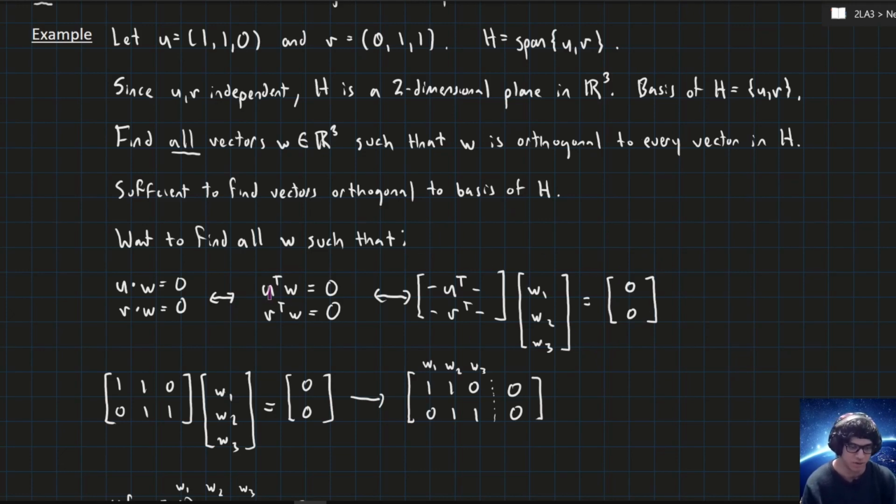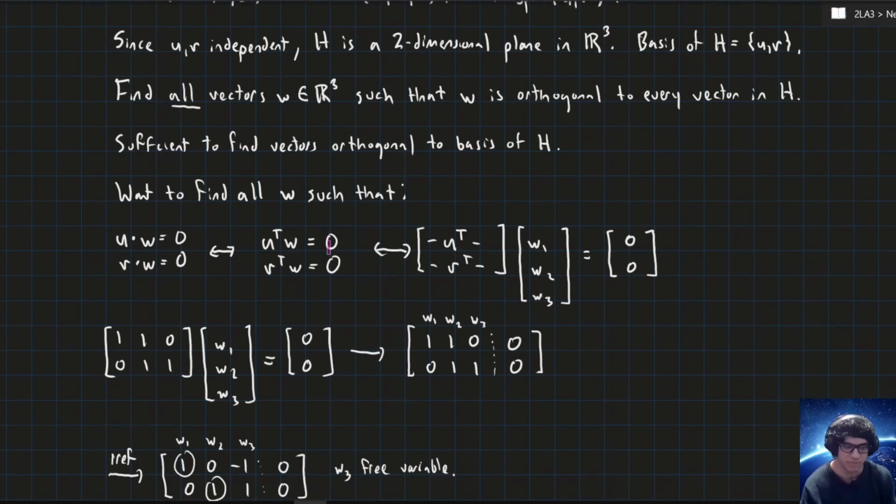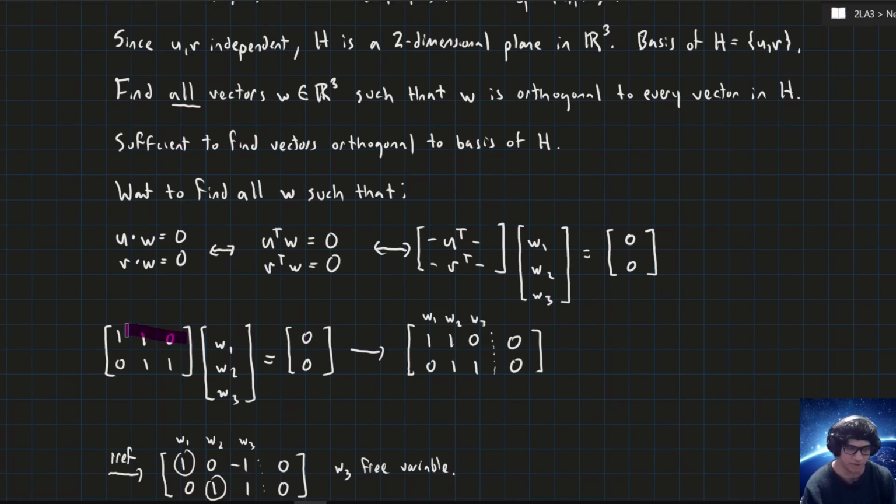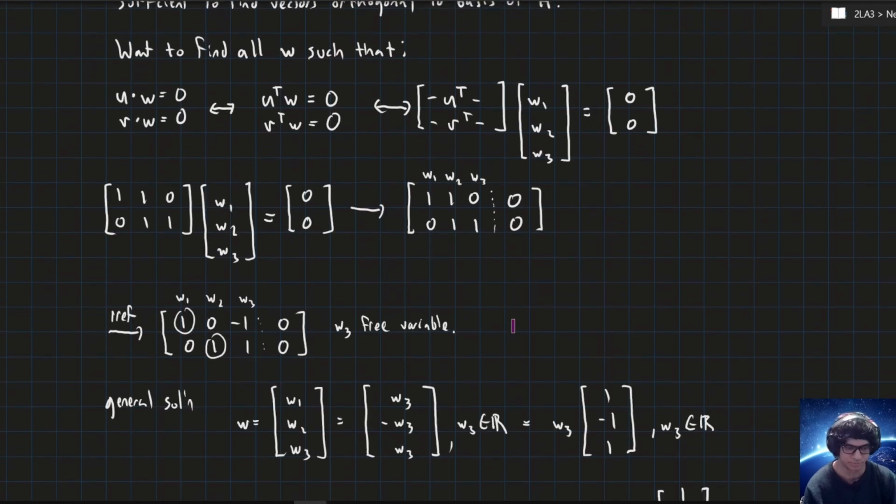So we know how to solve this. I fill in for u and I fill in for v, the transposes, and then I form the augmented matrix, and then I put that augmented matrix into reduced row echelon form.